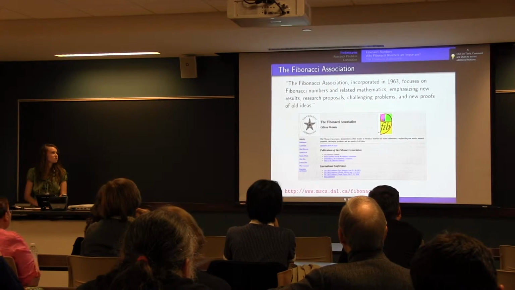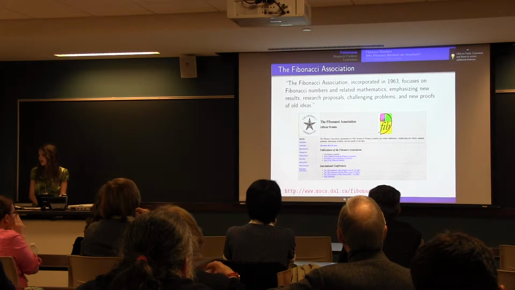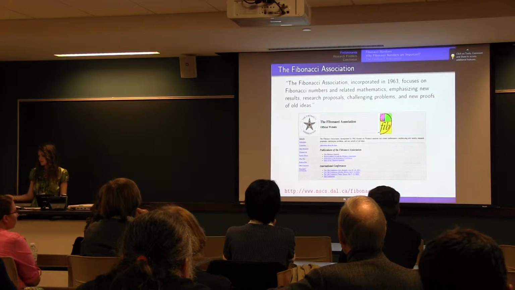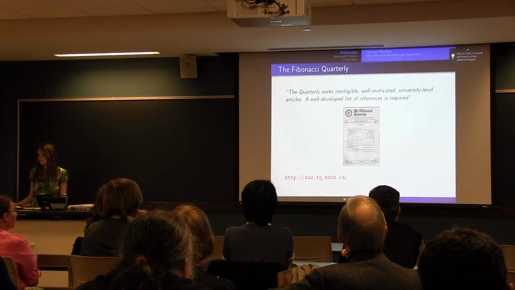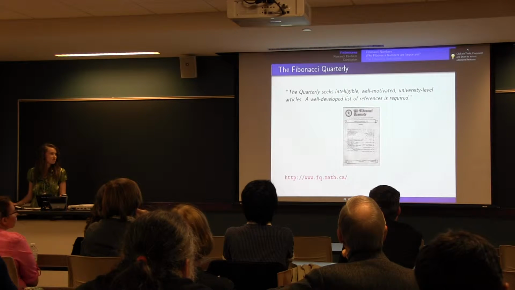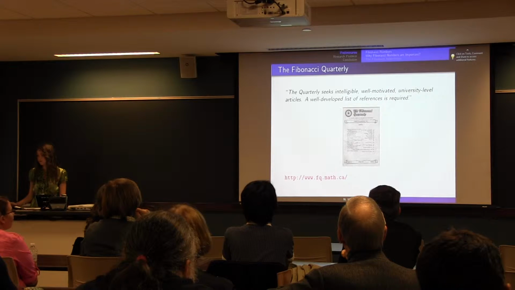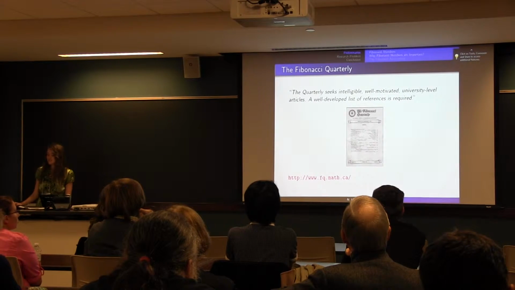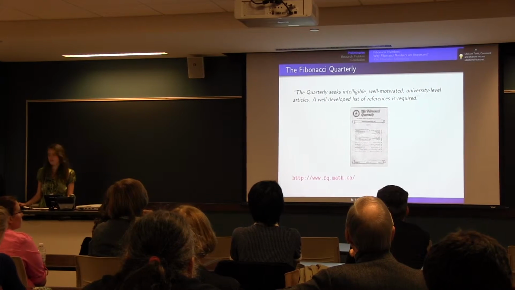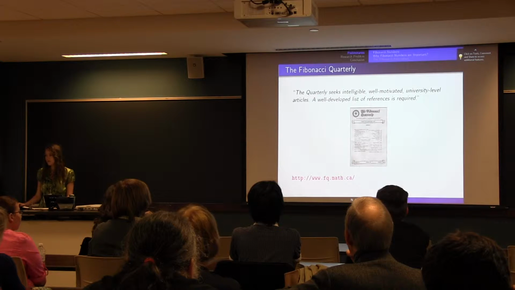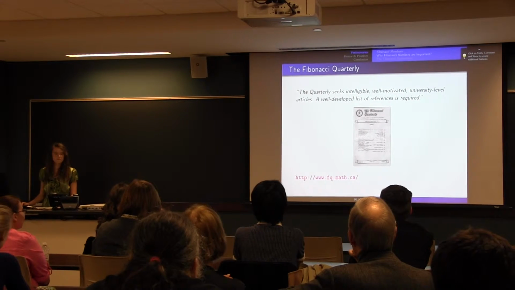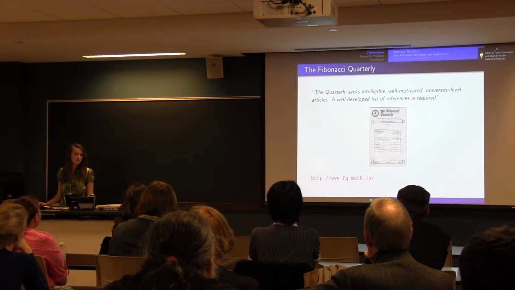Mathematicians and professionals will submit articles to this, and so this is the website. Then they developed the Fibonacci Quarterly, which is an academic journal that is published 4 times a year, so it's quarterly. Mathematicians and professionals can submit articles with well-developed references. Along with that, they can also submit problems that people can prove. And these problems aren't just meant for professionals, undergraduates can solve them too.